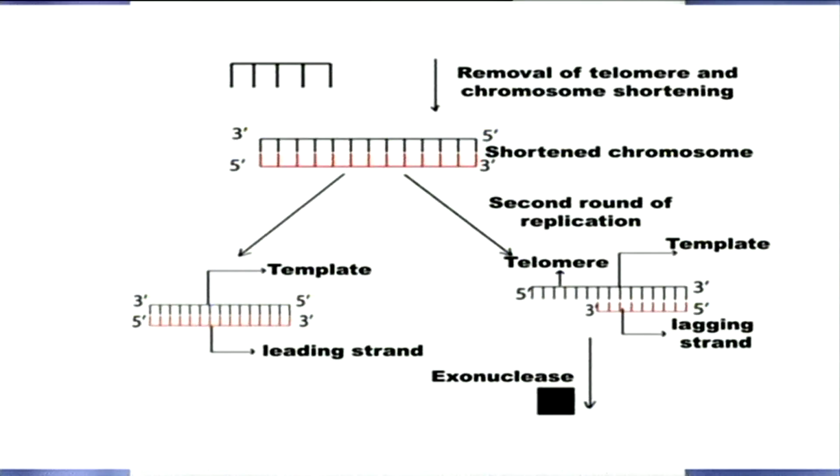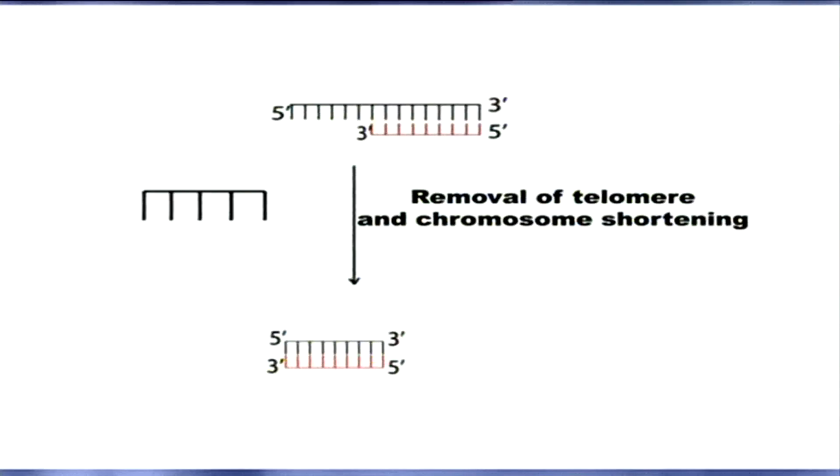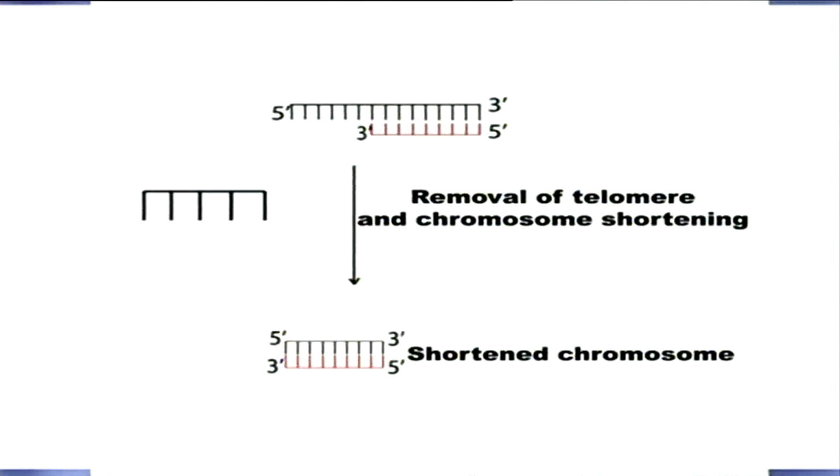This chromosome shortening is a normal process in eukaryotic somatic cells, as they divide only a certain number of times before the DNA loss prevents their further division. This phenomenon is known as Hayflick limit.